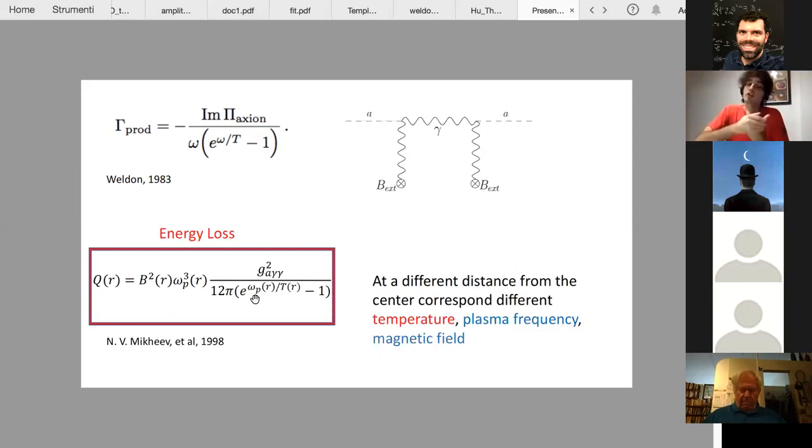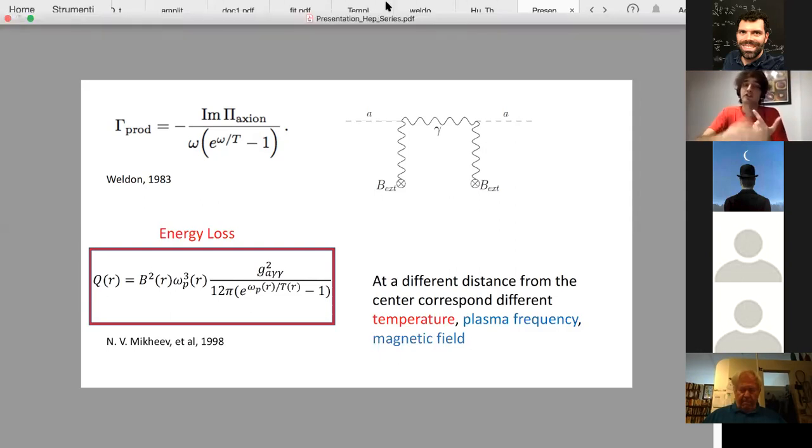And then a second crucial part is that this depends on the radius. So to get the total flux or differential flux, you will have to integrate in principle over all the star. So it will also be crucial to have a good model for your star, right? Because you have to integrate over the volume of the star, so you will have to know the properties of the star as a function of the radius, okay?